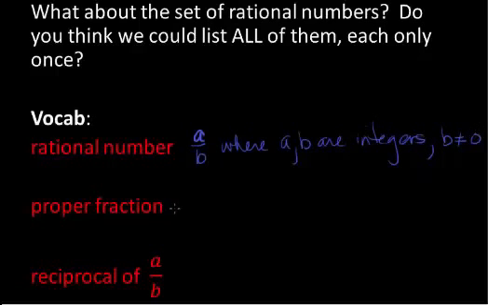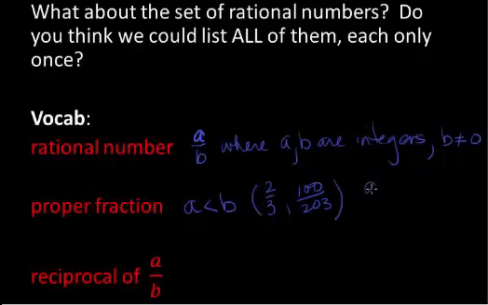That's a rational number, a fraction. Now a proper fraction, we're going to need that word in making this list. A proper fraction is when the numerator is less than the denominator. For example, 2/3 or 100 over 203. Those are both proper fractions.